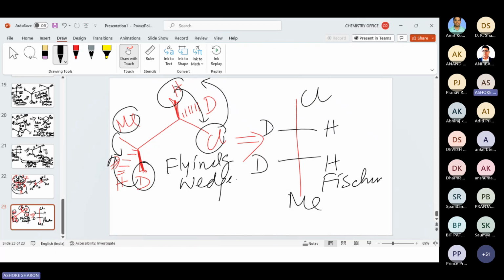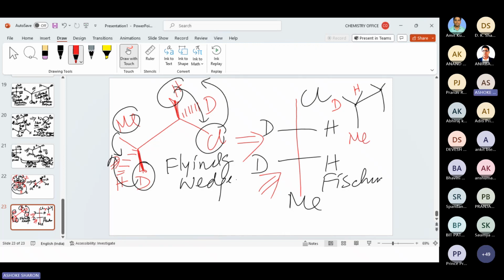Now if I told you to draw the Sawhorse projection formula for this molecule, how can you draw this? Your eye will be again from here. So what do you observe? Deuterium is here, hydrogen is here, methyl is here.